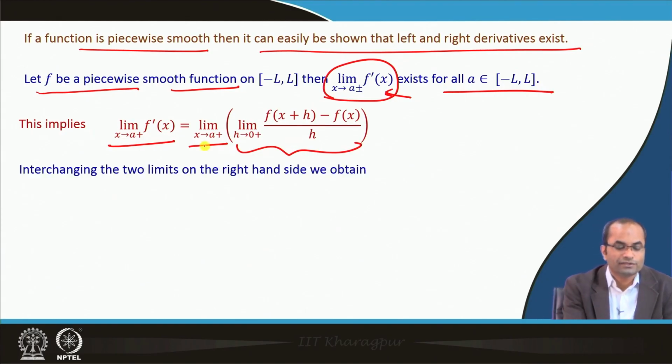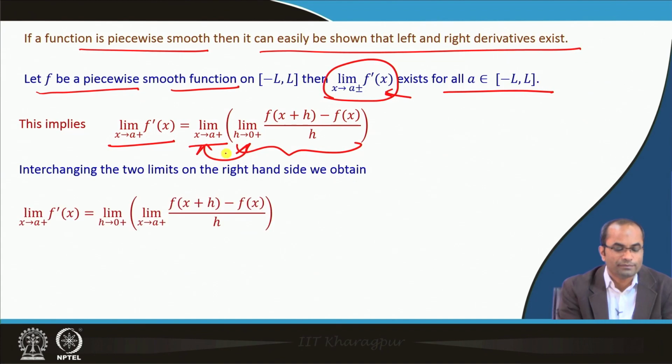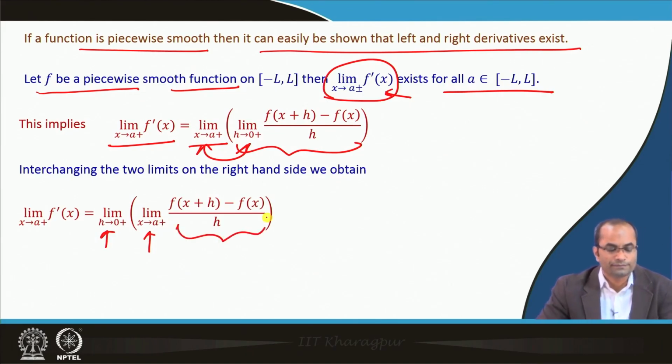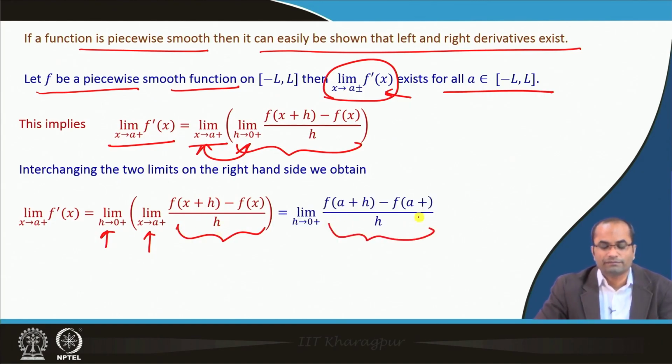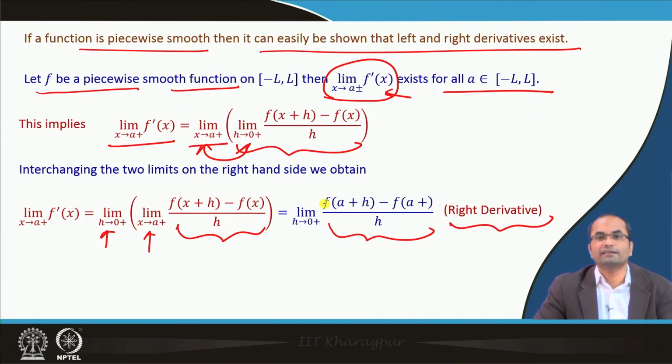Now we can interchange these two limits, and what will happen? If we interchange, first we have h goes to 0, and then the limit as x goes to a of this quotient, which will be just f a plus h minus f a plus divided by h, and this is exactly the right hand derivative at a.